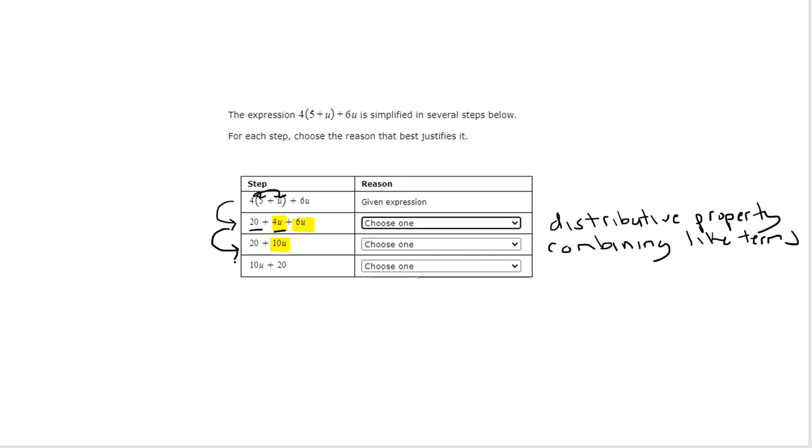Combining like terms. And then go from here to here, instead of writing it as 20 plus 10u, it's written as 10u plus 20, and that's because of the commutative property. That's the reason that you're able to do that. The commutative property says that you can add in any order and it doesn't change the answer.